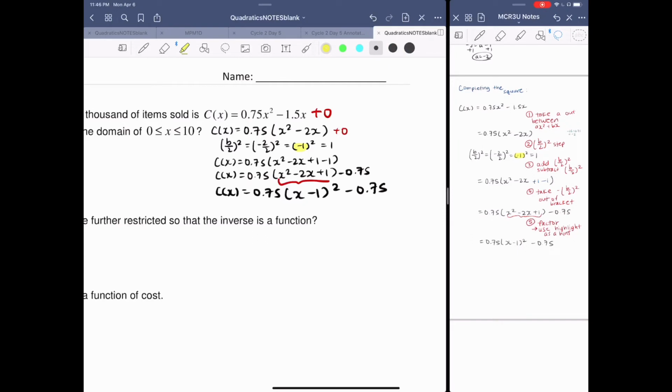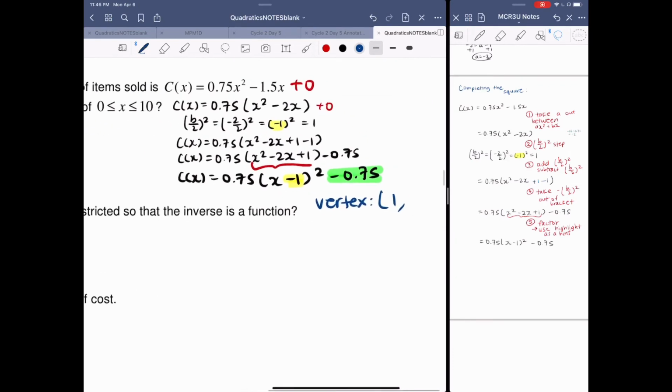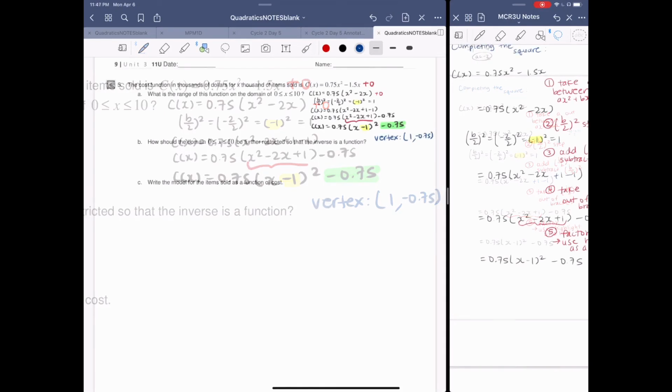With the yellow highlight, I'm going to highlight this. Meanwhile, this is the optimal value. So as a side note, the vertex is (1, -0.75), because we don't take that negative with the 1, since it's already within the vertex form.